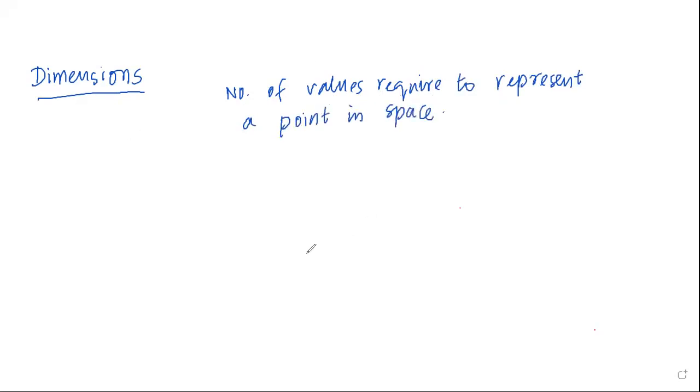Okay, you have some space. So for example, let's suppose we have a space which consists of only one point. So in this case, I do not need any value to represent this point. So I say that the dimension of this point is 0.